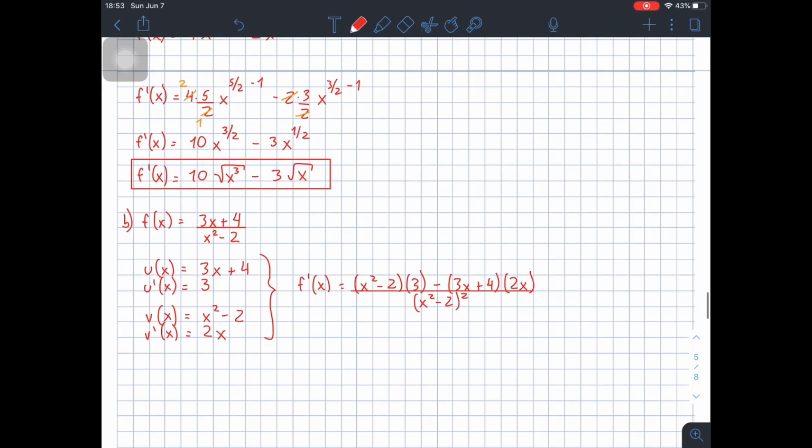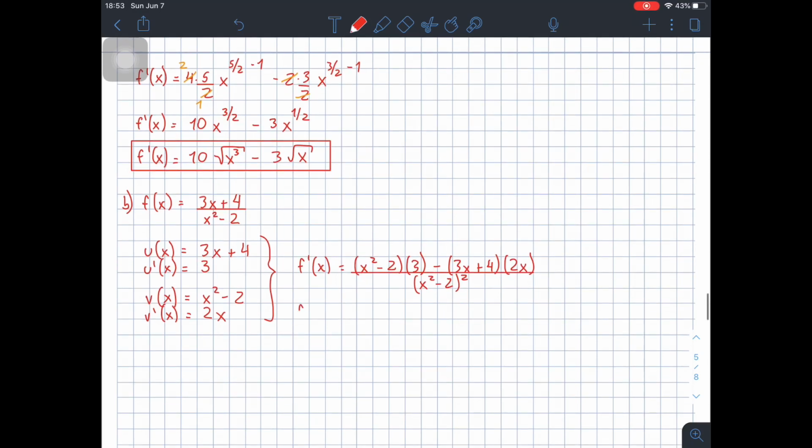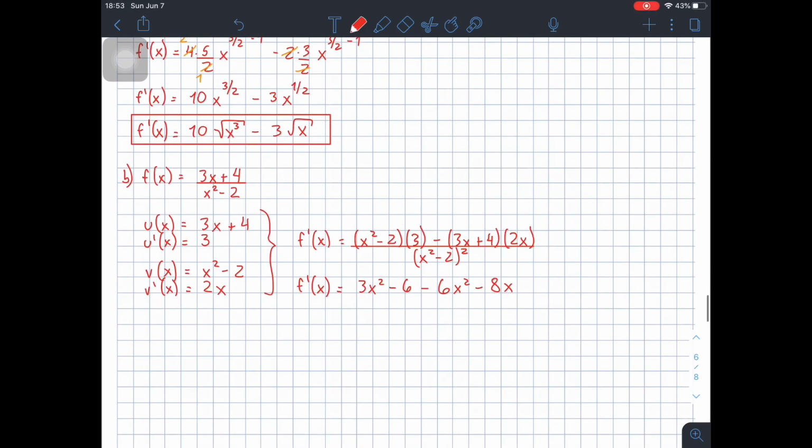Okay, so once we have this, we need to work the expression in order to get our final result. This would be equal to 3x squared minus 6, minus 6x squared, minus 8x, divided by (x squared minus 2) squared.